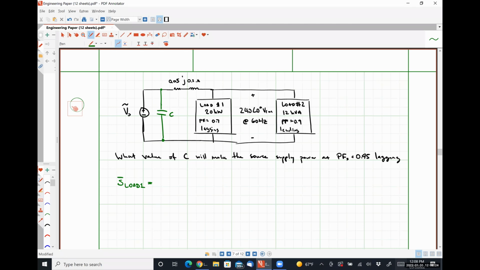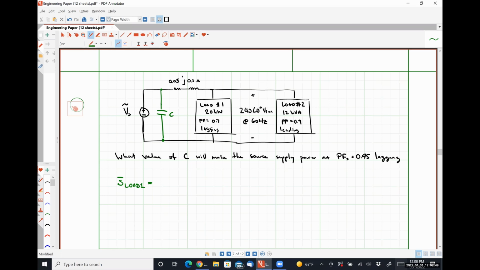Average power. We have the average power and the power factor. Okay, so power factor is the cosine of the power factor angle. If we know the power factor, we can work backwards to get our power factor angle.